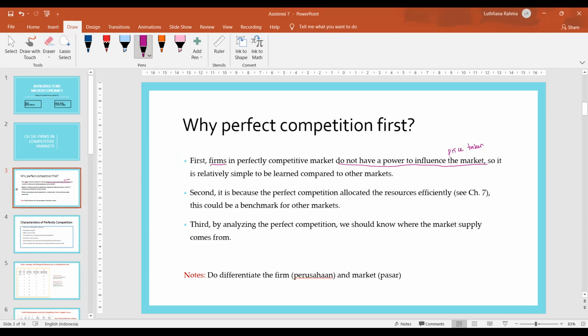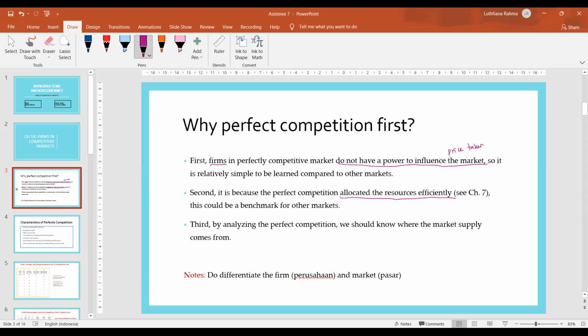Second, it allocates the resources efficiently, so it is the most efficient market structure. Third, by analyzing perfect competition, we will know where the market supply comes from.